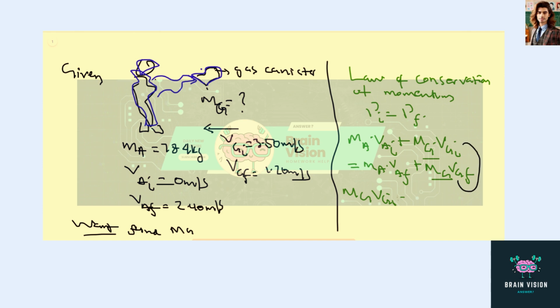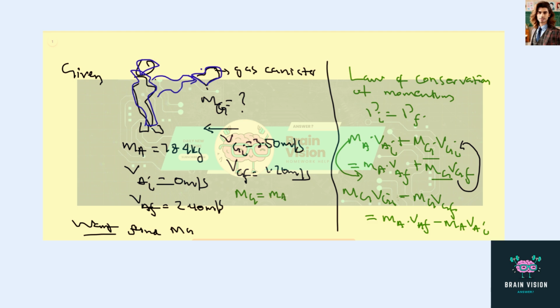So this is minus the mass of the canister times the velocity of the canister, and that's equal to the final momentum of the astronaut minus the initial momentum of the astronaut. The reason the initial momentum of the astronaut becomes negative is because it shifts to the other side of the equation. That helps us to have an equation for mg.